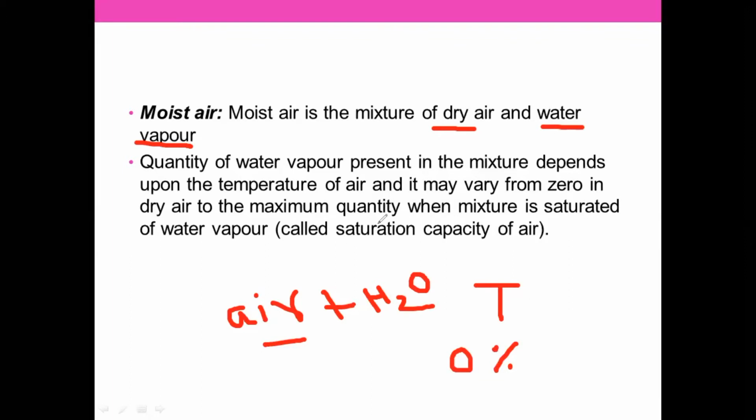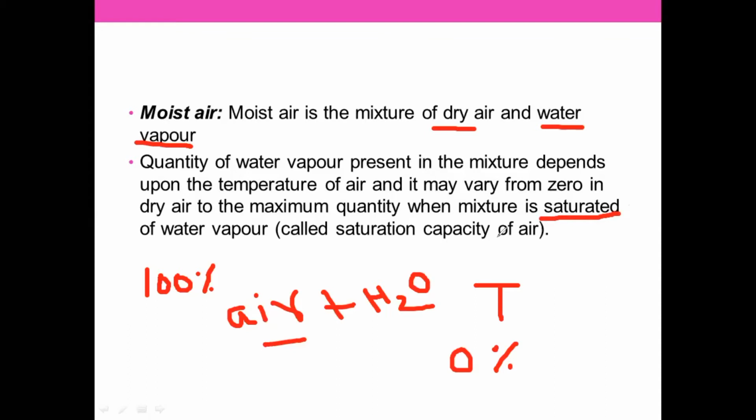But in saturated water vapor, it will have 100% water vapor. 100% doesn't mean that it will be completely water vapor. Saturated means it will absorb the amount of water vapor fully.